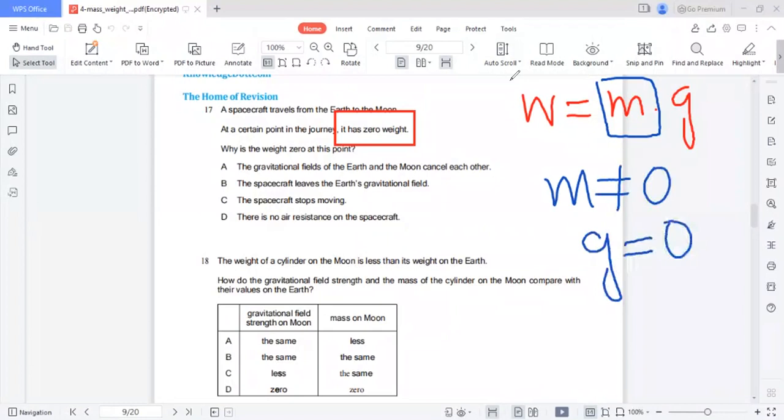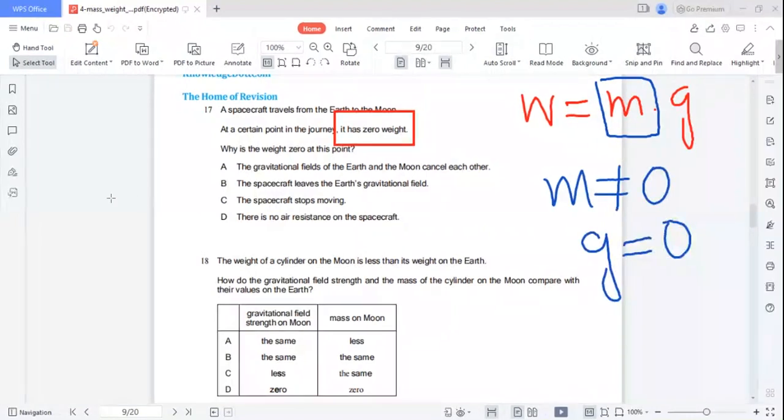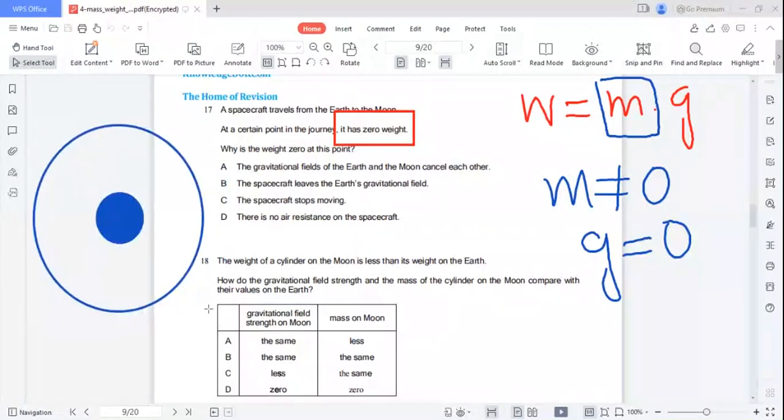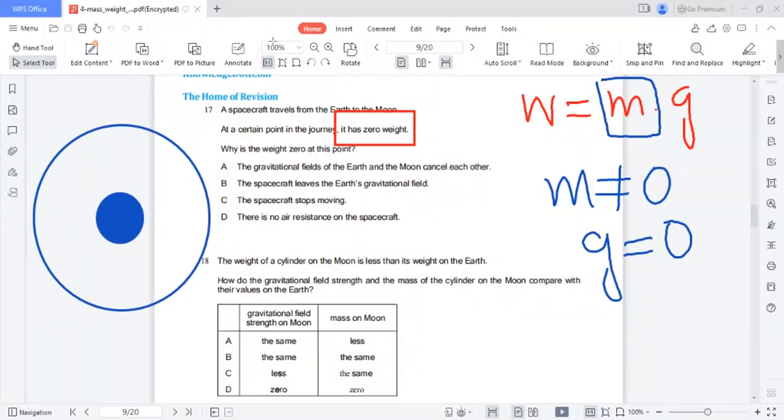And gravitational field strength becomes zero when the spacecraft is beyond the Earth's gravitational field. Suppose this is our Earth, and around the Earth we have a certain region within which there is the influence of Earth's gravitational field strength. Suppose this is our spacecraft.